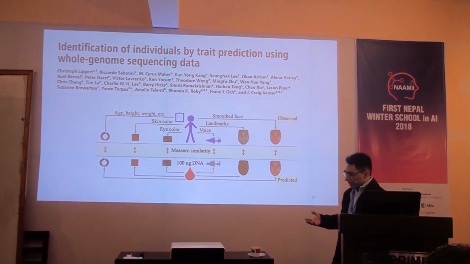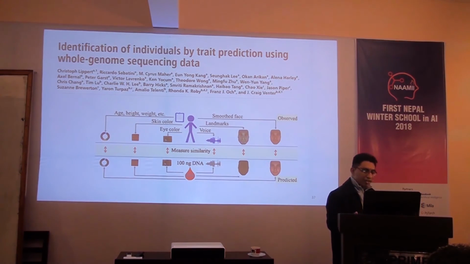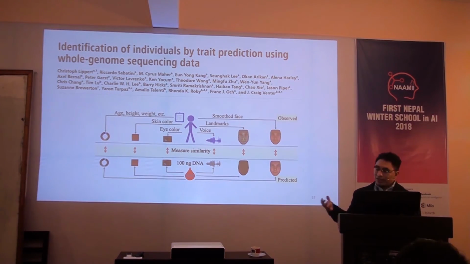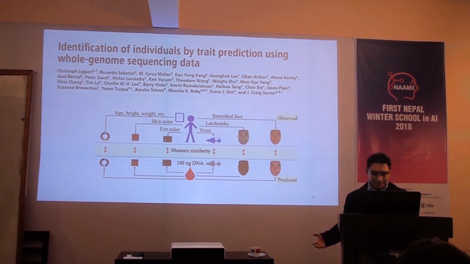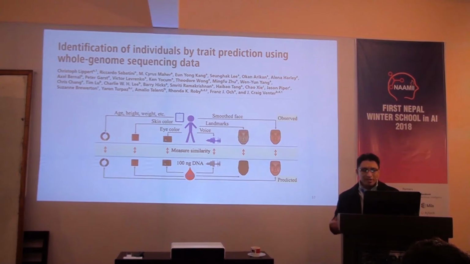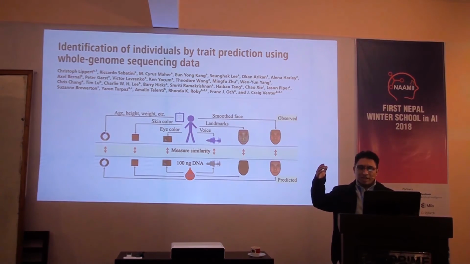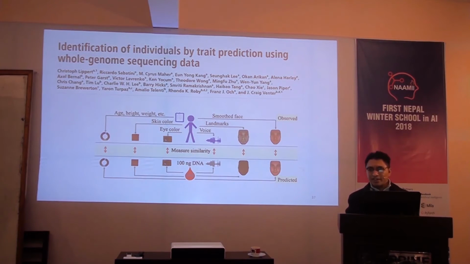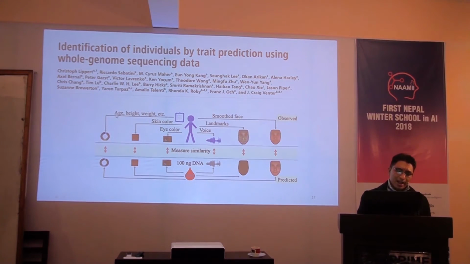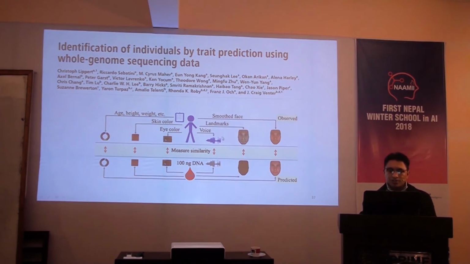This is another application of machine learning in biology, and this is a very interesting and very controversial study where, for some individuals, they collected different kinds of data, like age, height, weight, skin color, eye color, the structure of the face and different facial regions, as well as a sampling of voice.